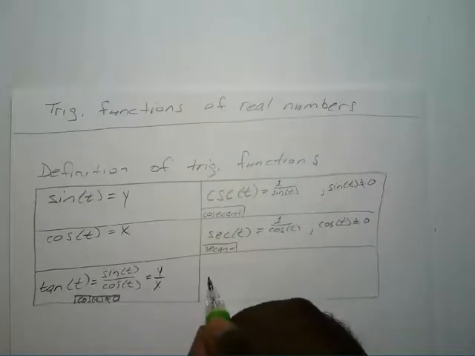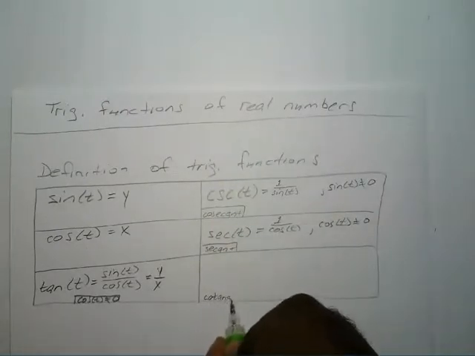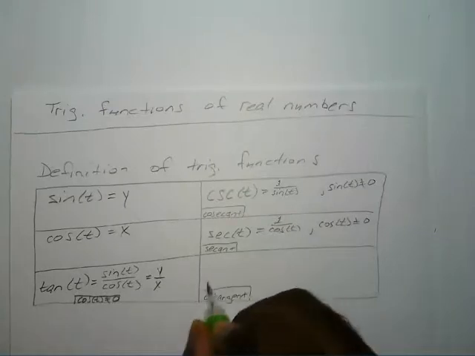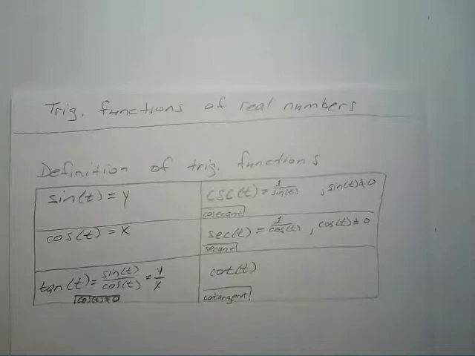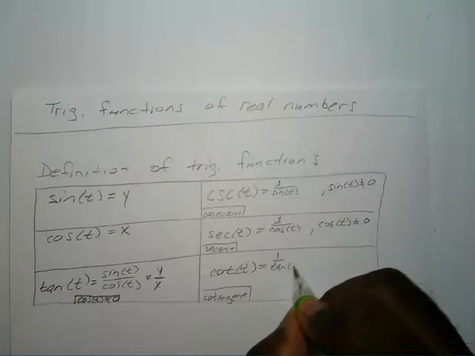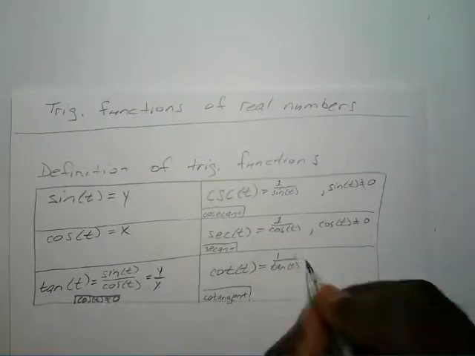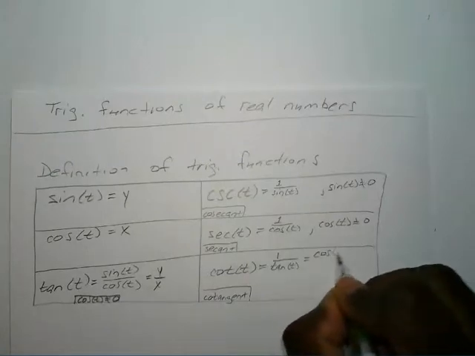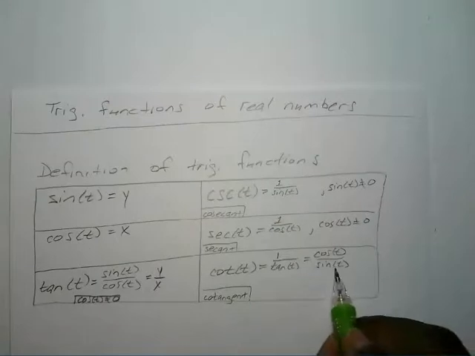Now we have cotangent of t, which is the reciprocal of tangent. And the reciprocal of tangent is just cosine over sine, where of course in this case sine of t cannot equal 0.